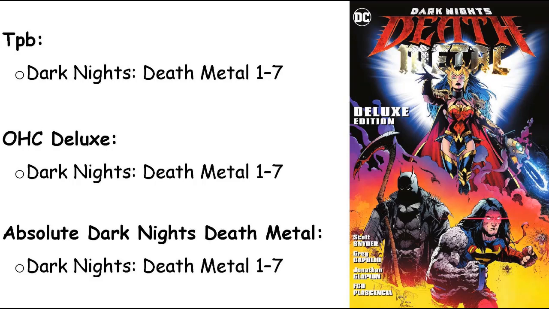If you recall Dark Knights: Metal, the main event book was actually collected in slightly different sequences and actual contents in the trade paperback, in the oversized hardcover, and in the absolute edition, which was annoying on every level. I can say Dark Knights: Death Metal is much more consistent. It's a 7-issue series. The trade, the oversize, and the absolute all have the same contents of 7 issues.